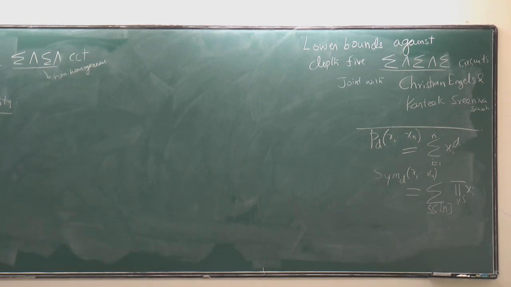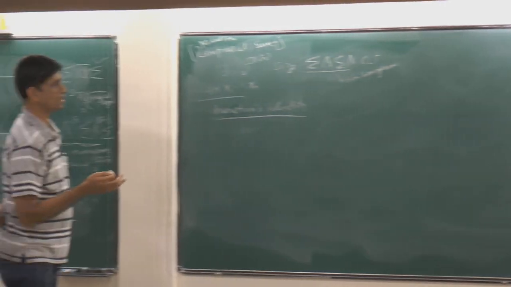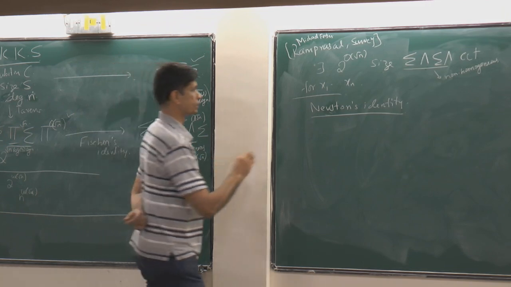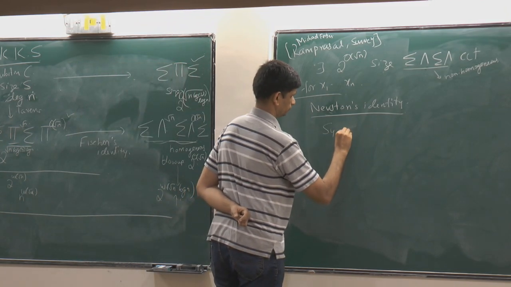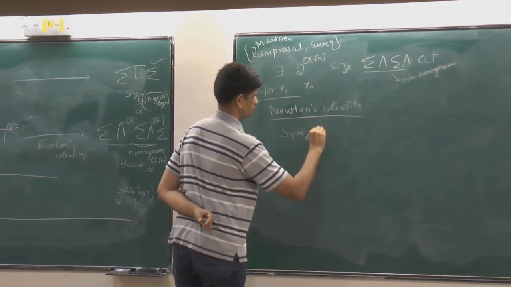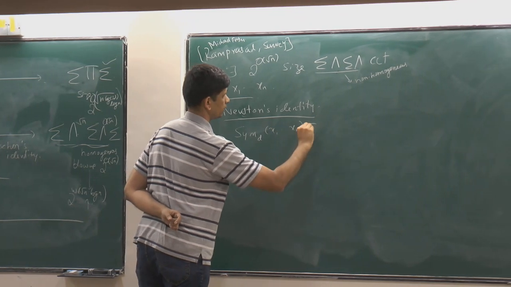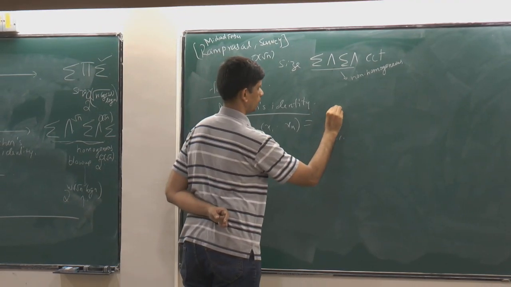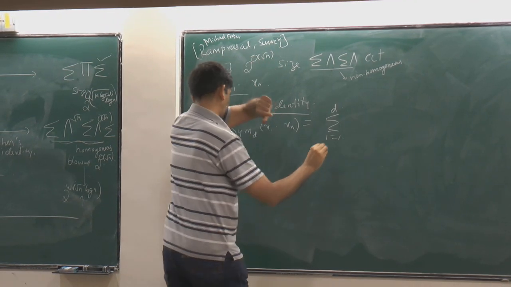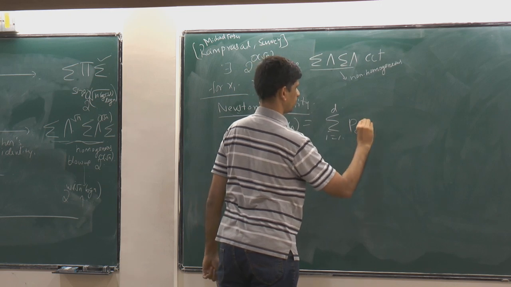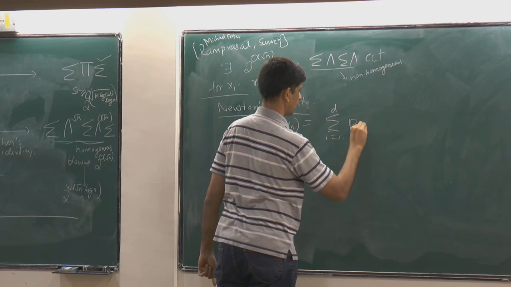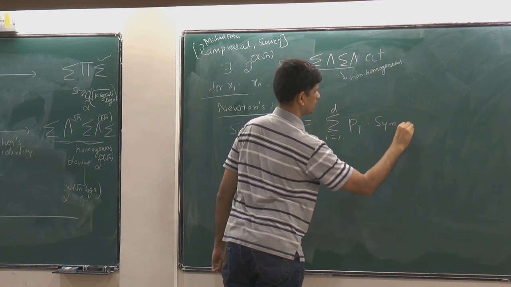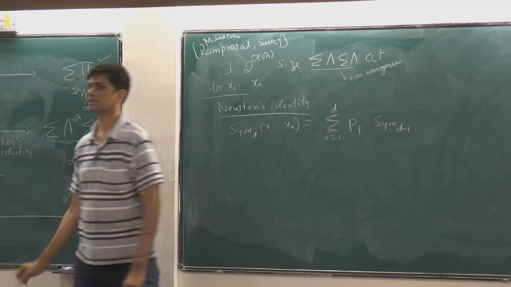Newton's identity allows us to express any elementary symmetric polynomial in terms of power symmetric polynomials. So in short, the elementary symmetric polynomial of degree d can be written as a sum over i from 1 to d of the power symmetric polynomial of degree i times the elementary symmetric polynomial of degree d minus i on the same set of variables.